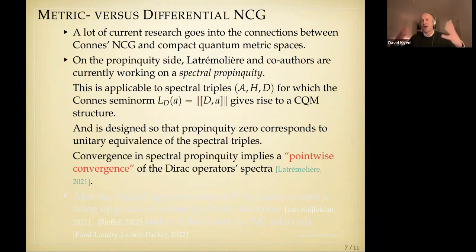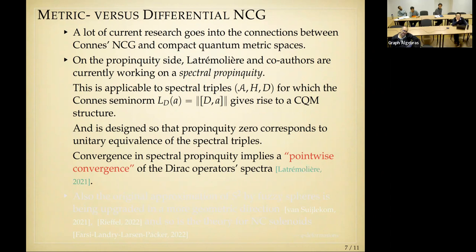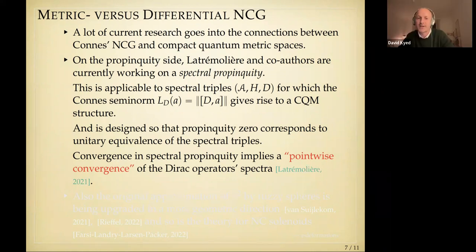If you have a bunch of spectral triples that converge in this spectral propinquity, you do get that the spectrum of the limit is the pointwise spectrum, in a certain sense, of the pointwise limit of the spectra of the constituents of the sequence. So there's a certain amount of spectral information that is carried over in the limit. I think there is a lot of work to be done in this direction, so I wanted to advertise that aspect of the theory.